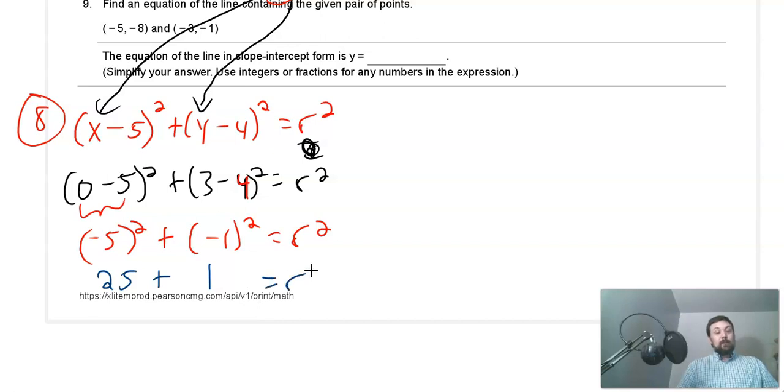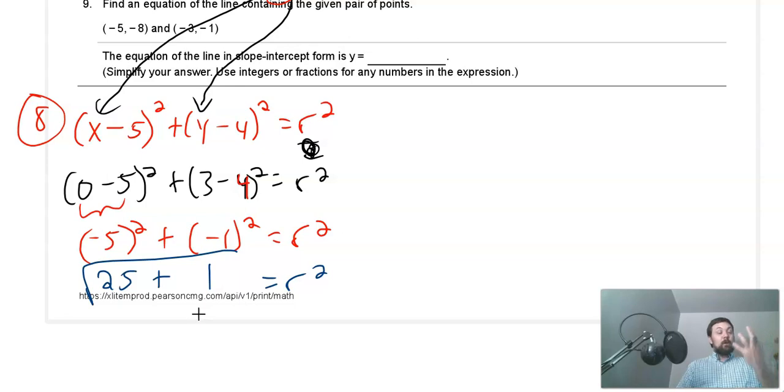And what I get some students doing on the test is they take the square root. Square root of 25 is 5, square root of 1 is 1, 5 plus 1 gives you 6, and they think the radius is 6, which is incorrect. Because when you take the square root, you can't just take the square root of these individually. If you're going to do the square root of both sides of the equation, you'd have to do the square root of the whole thing. And again, it doesn't split up and apply individually there.